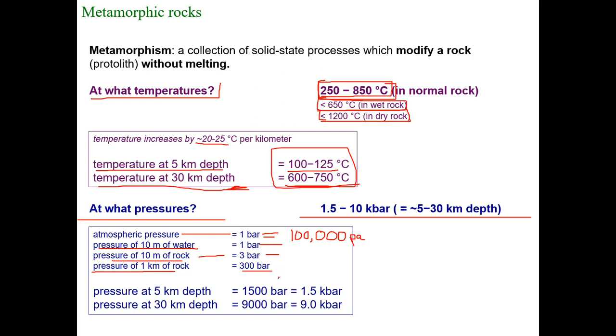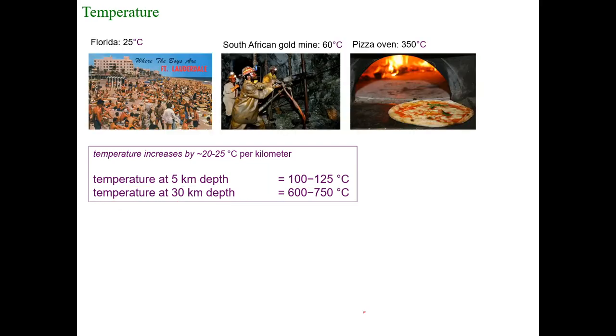At 5 kilometers, the bottom of the ocean crust, it's about 1.5 kbar, or 1,500 bar. At the bottom of the continental crust, 30 kilometers deep, it's about 9 kbar, 9,000 bars, so 9,000 times the pressure we feel at the surface. Does that make sense?